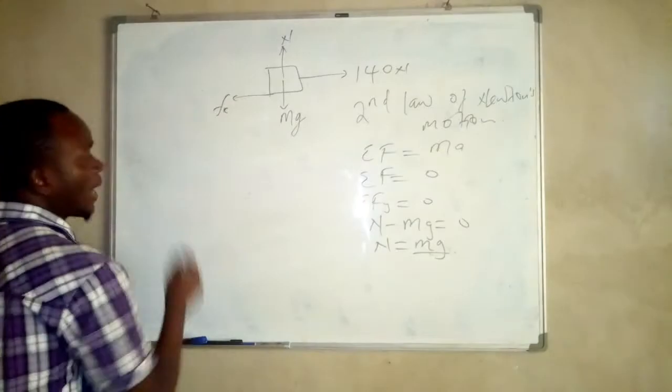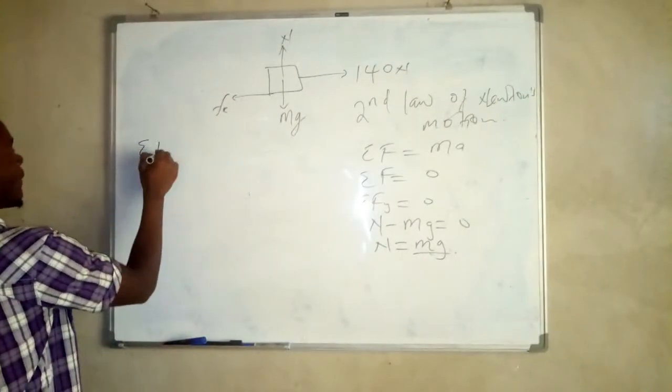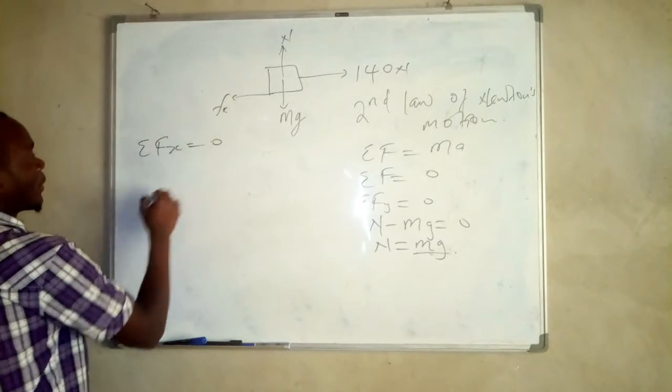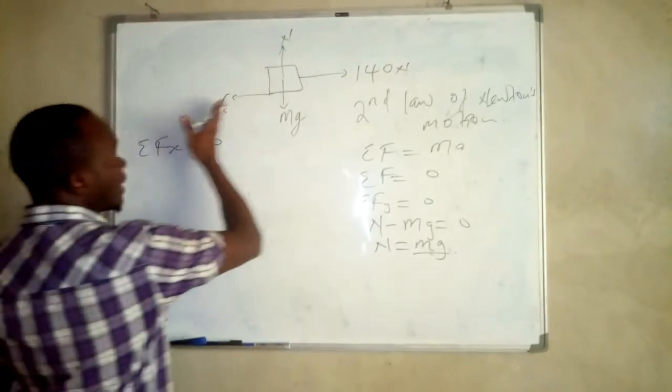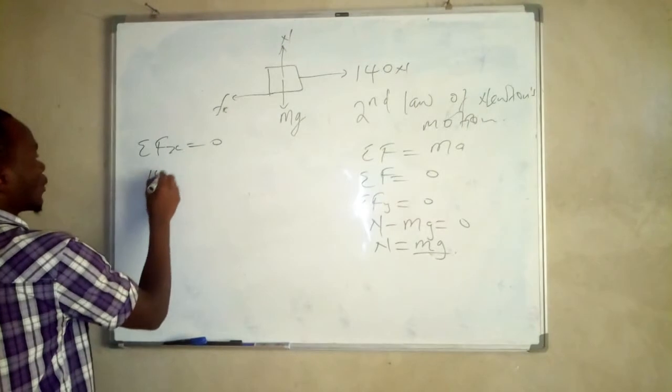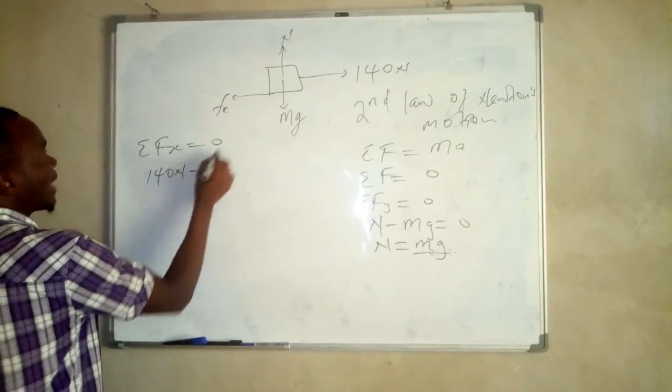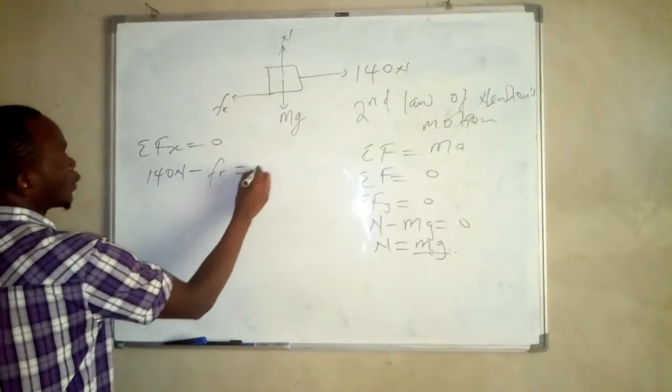Now, the summation of forces in x will be 0. We have this one pulling in that direction, which is the 140 newtons, minus the friction force, should give us 0.